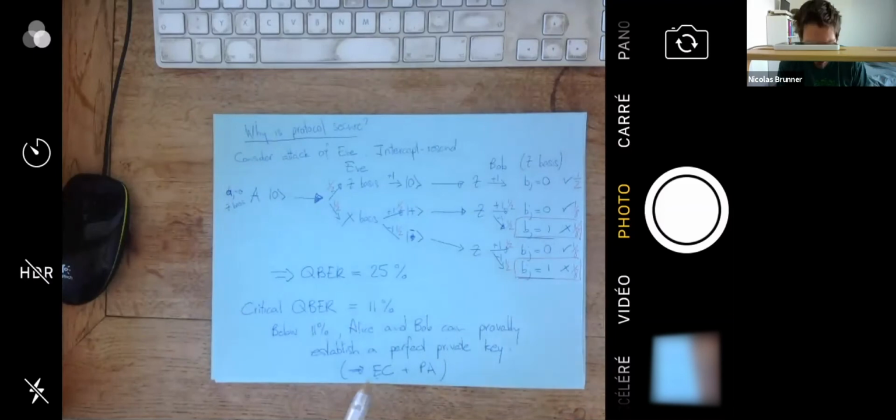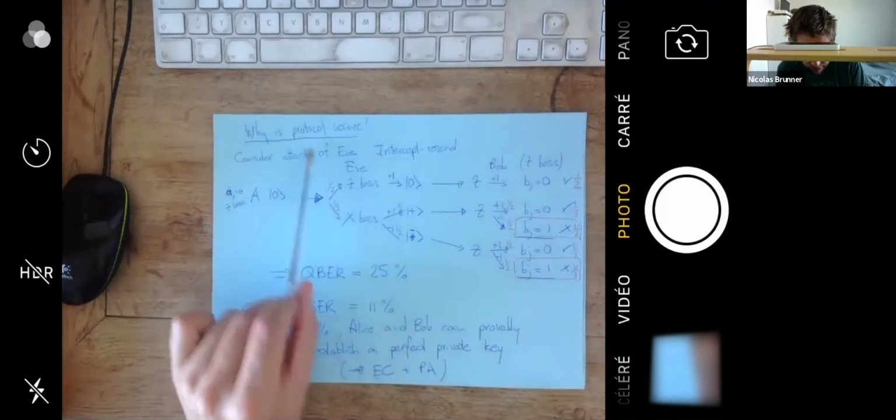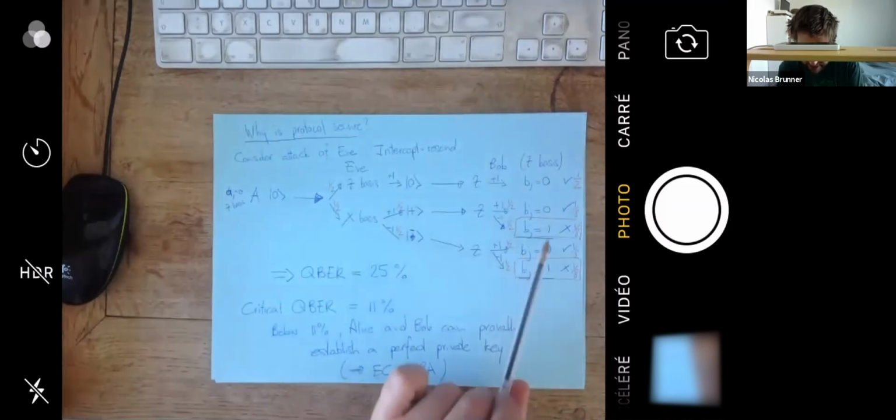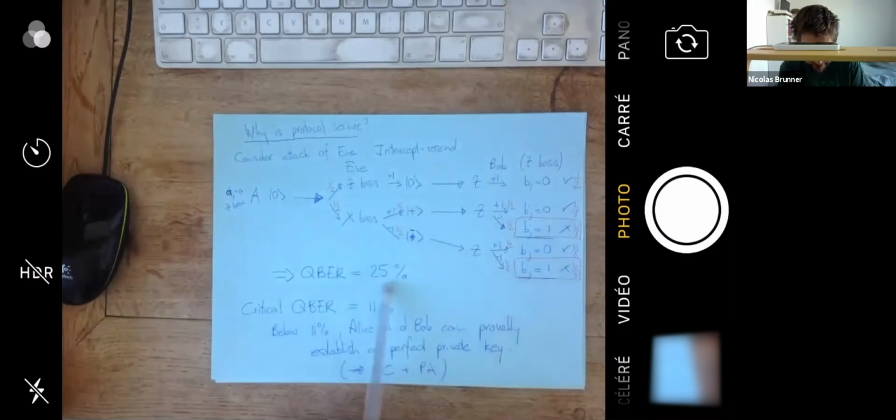So at this point, you might be a bit confused because we looked at some attack and we said the error rate is 25%. And then I told you, in fact, the critical value for Alice and Bob to be able to establish a secret key is 11%. So why is there such a big gap between the two?